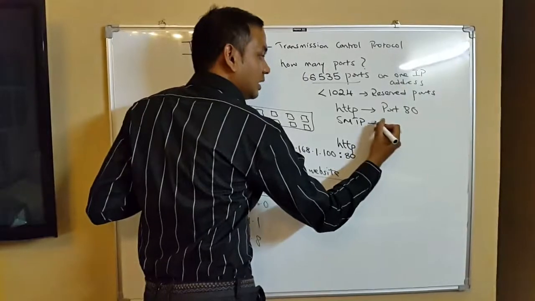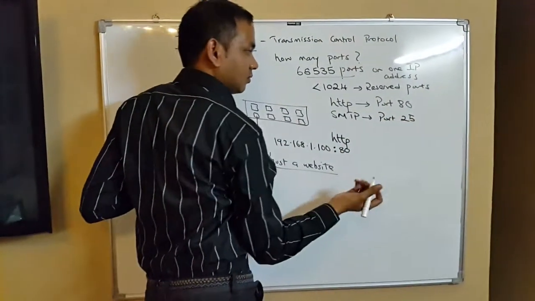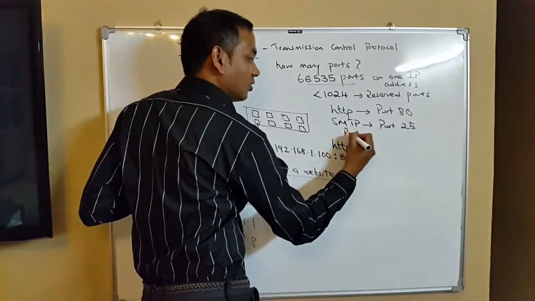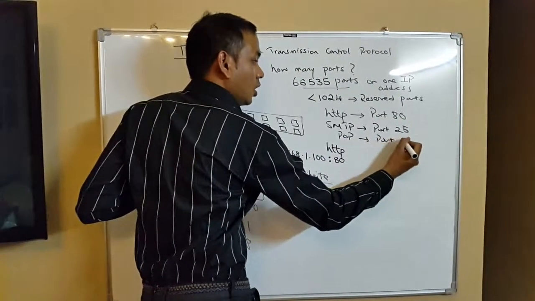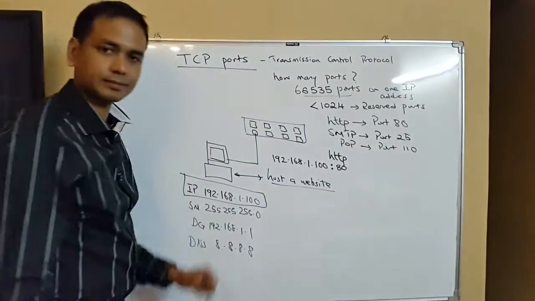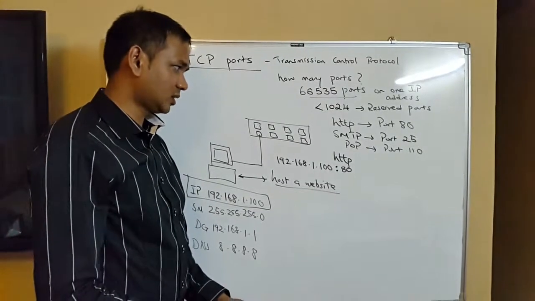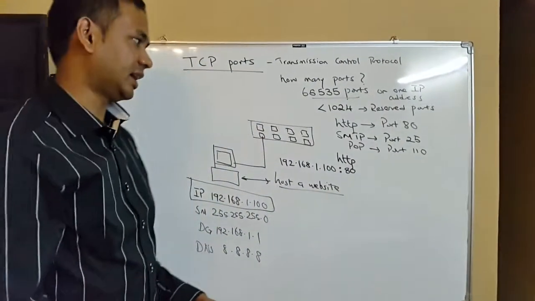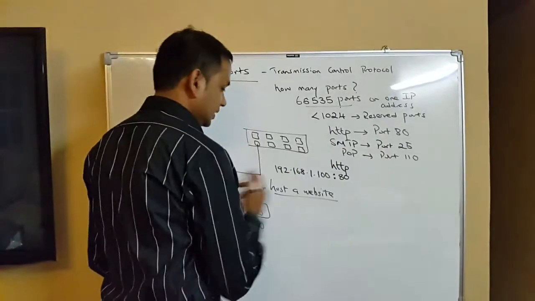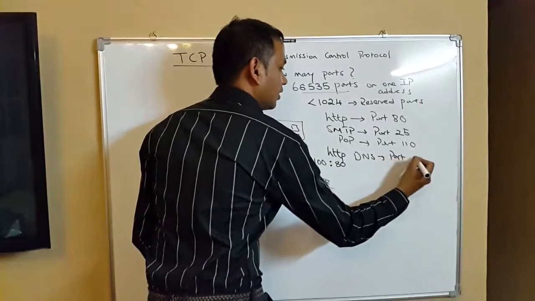To send email, I will need to open port 25, for example. There is another protocol which is called Post Office Protocol, which uses port 110. Okay? 110. There are so many ports that are reserved like this. You have, for example, DNS. If this is a DNS server, it uses port 53.